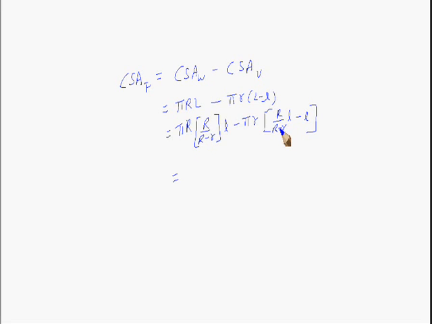From these two parts we get pi l common, we are getting R into R, that is R square upon capital R minus small r, minus, we have already taken pi common now and we have taken l also common, so we get capital R minus capital R into small r upon capital R minus small r.